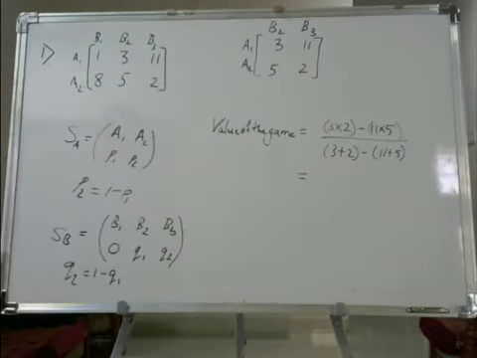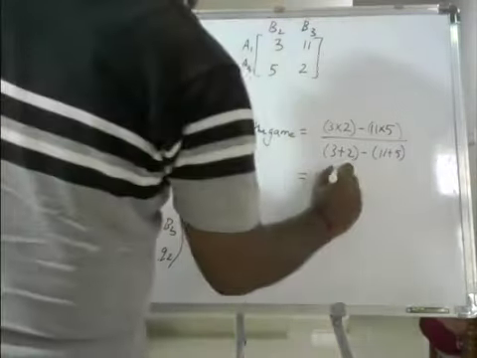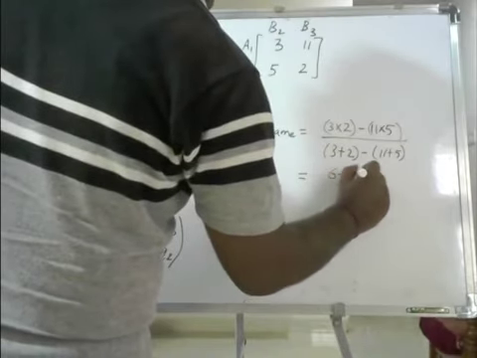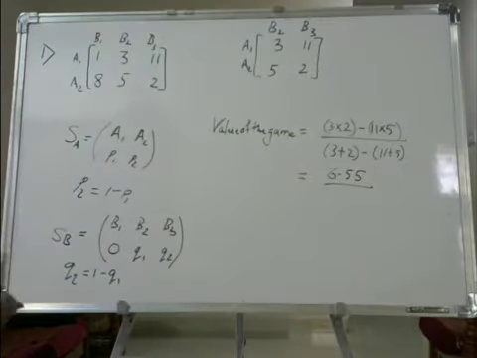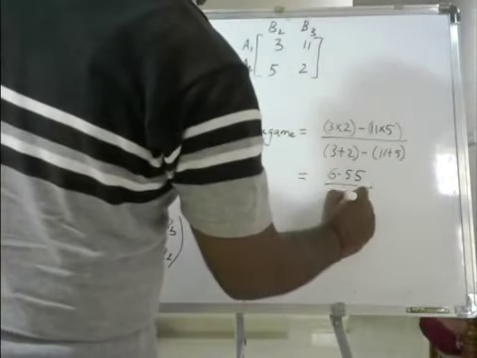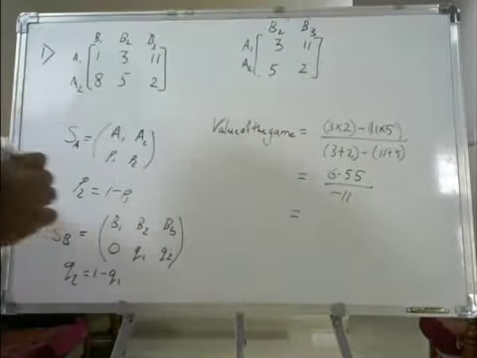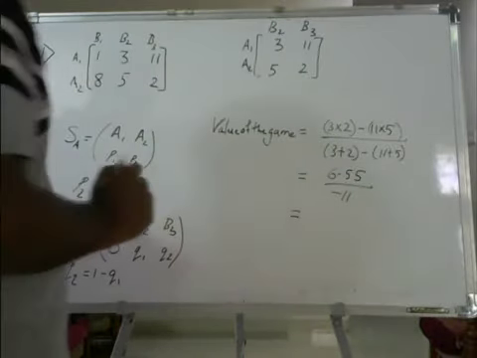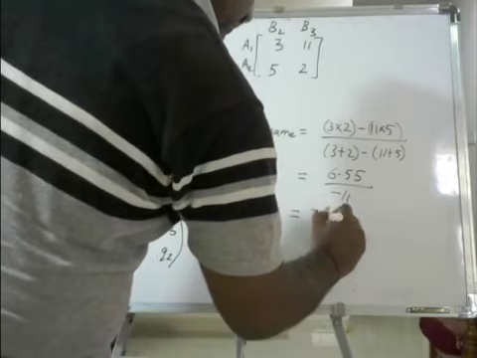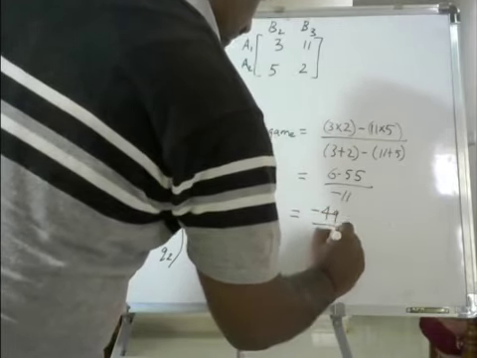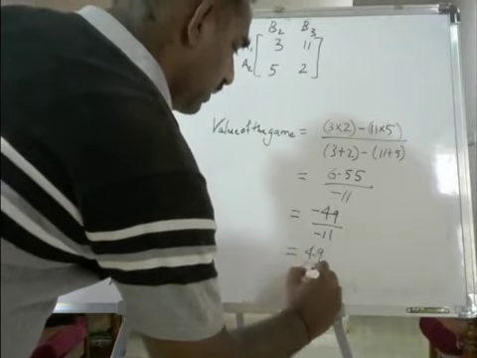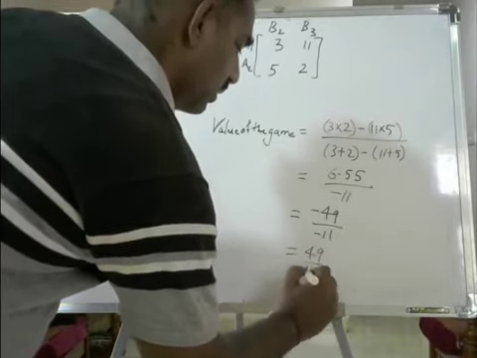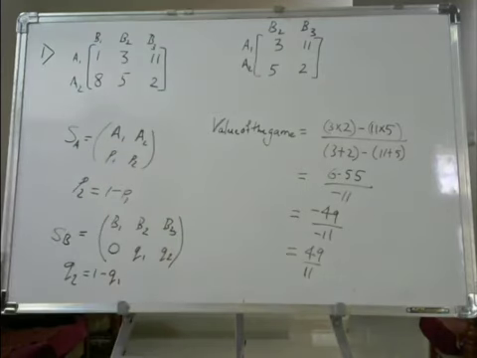If you solve this, you get minus 49 divided by minus 11, that is basically 49 by 11. Okay, you got this, so you have found the value of the gain.